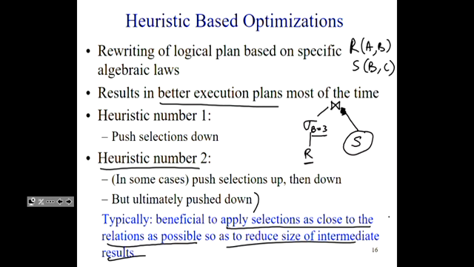So the way to transform this might be to first pull this selection up and then push it back down. And when I'm pushing it down, I don't have space to write this here, but I'm going to write it here.